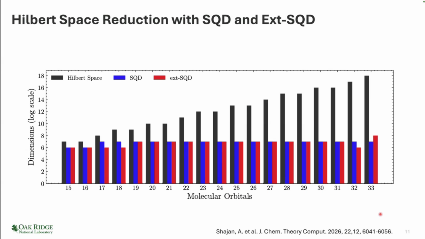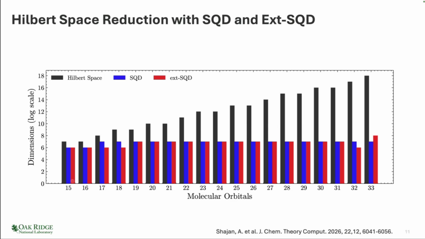So if we want to look at how our Hilbert space is reduced with SQD and in this extended SQD, on our y-axis here, we have the dimension in log scale. On the x-axis is the number of molecular orbitals considered in each of the fragments. And what we see here is a several orders of magnitude reduction.